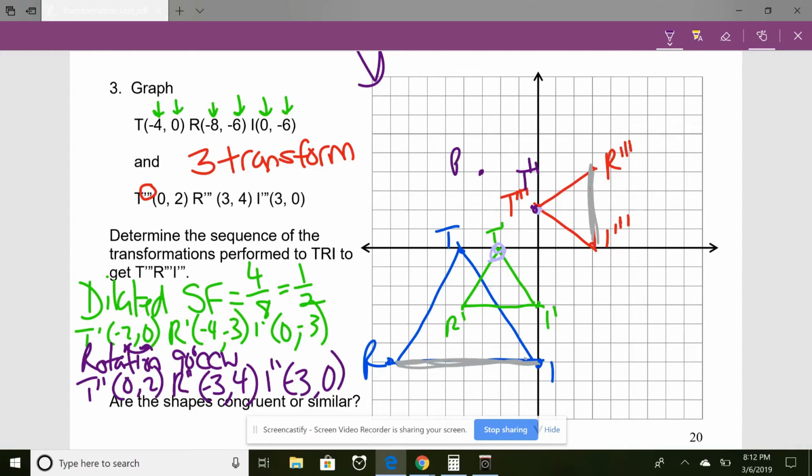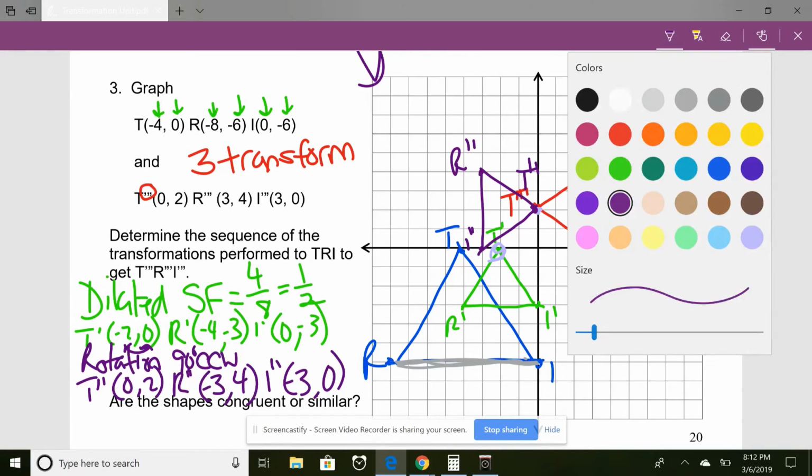That's my R double prime. My I double prime is 0, negative 3. So now I have my figure. Now I didn't really rotate it in the order I wanted to, but that wasn't necessarily a bad thing. As long as we rotated it 90 degrees, it ended up being a figure that we can do one more transformation to in order to get our triple prime.